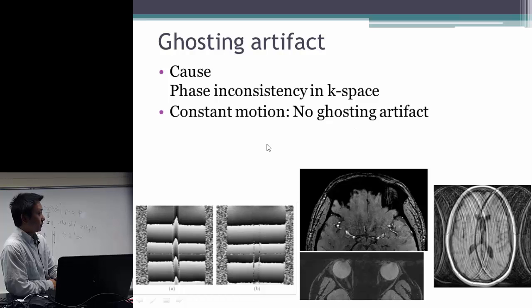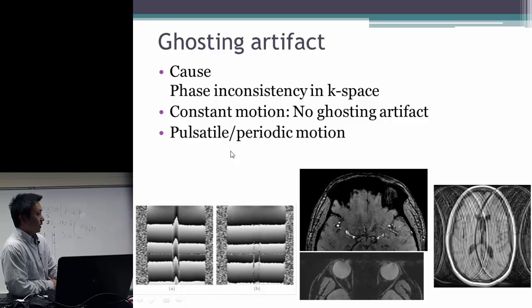For constant motion, actually there will not be any ghosting artifact, because there will be a phase shift, but this phase shift will be the same for the overall k-space. That means there is no phase inconsistency in k-space. So for constant motion, you can see a signal change, a phase shift, but you do not see any ghosting artifacts.